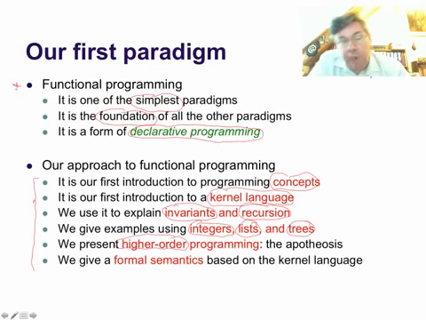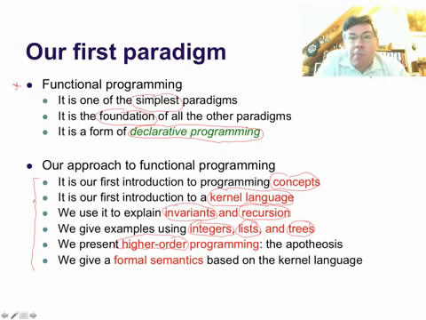Higher order programming is in some sense the apotheosis of functional programming. It is an enormously powerful technique, used in many paradigms built on top of functional programming. It is the ability to create functions, pass them as input, and return them as output: functions that return functions. So functions really are first-class entities.